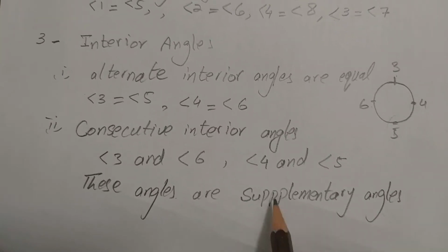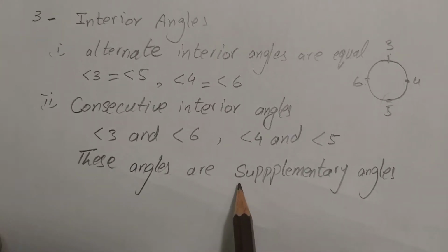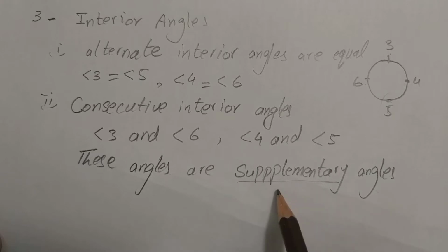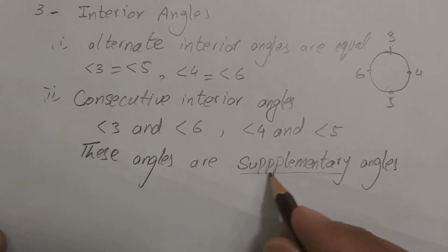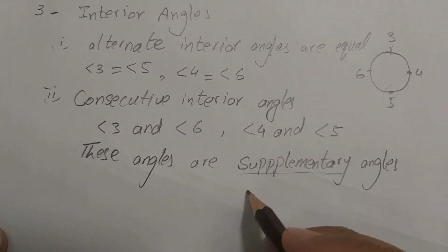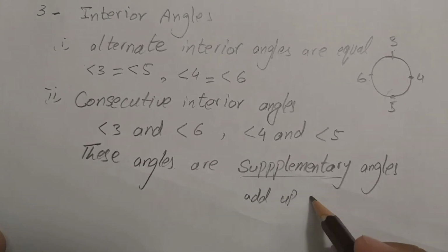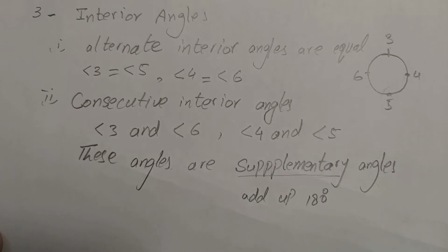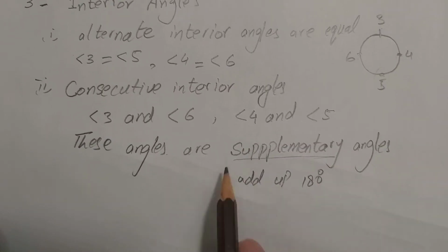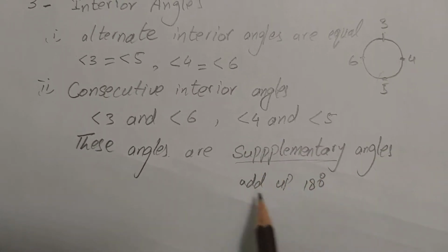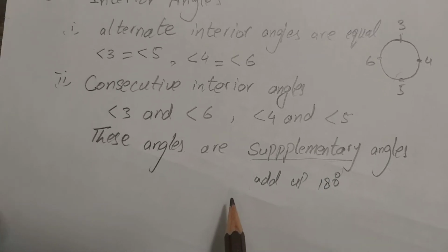And we know that supplementary means the angles on a straight line add up to 180. Supplementary means angles add up to 180. So if you have different angles and we add them, it becomes 180.